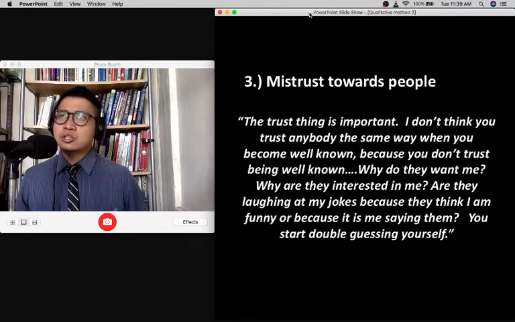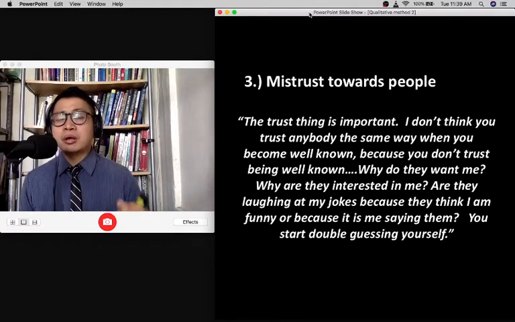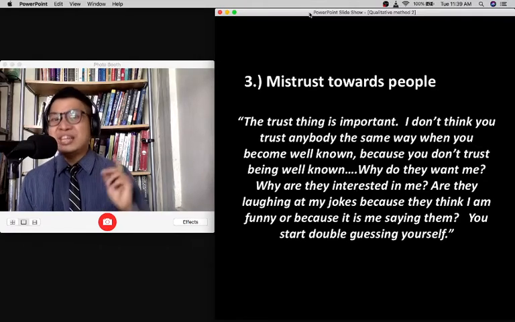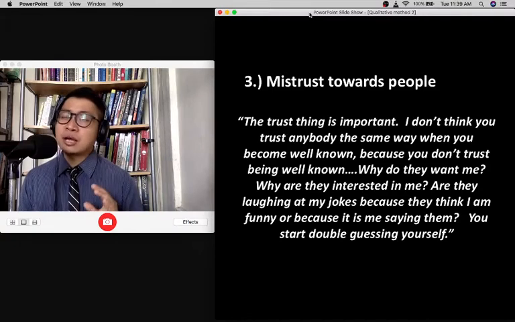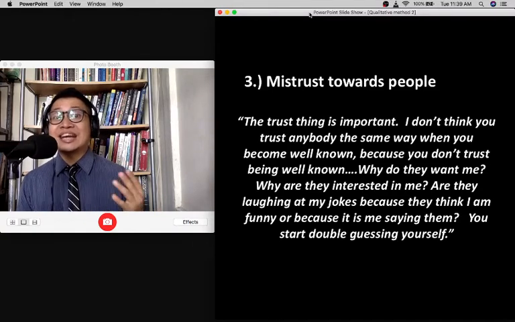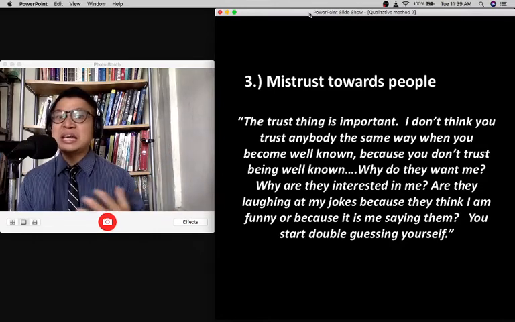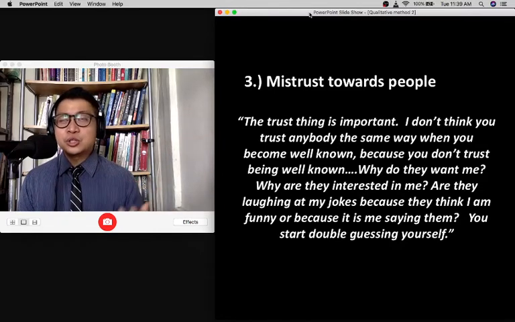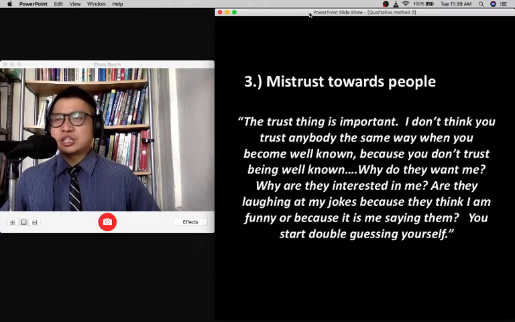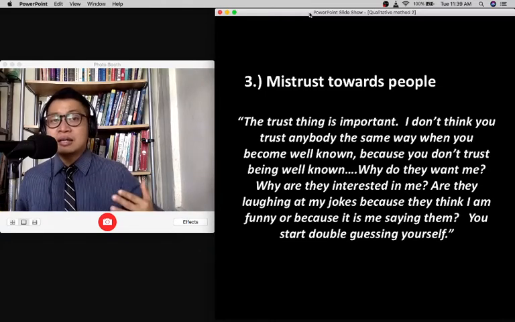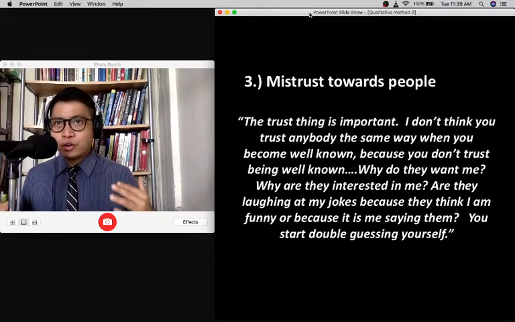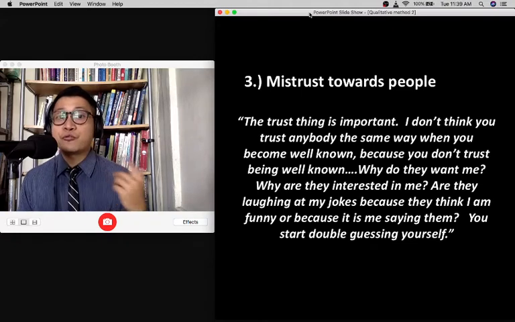Okay? Because it's always a possibility that people are just nice to you simply because they need something from you or sumasakay lang sila sa kasikatan mo. So they always doubt the intentions of people who are being nice to them. Okay? So yan yung tinatawag nating mistrust. Napakataas na ng standard nila before they consider someone as their friend.